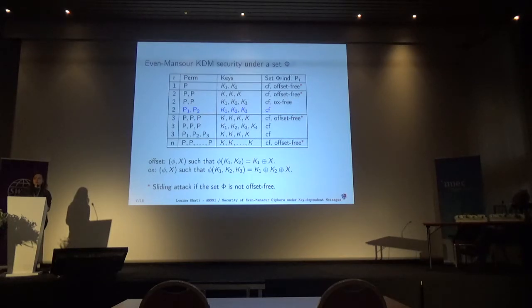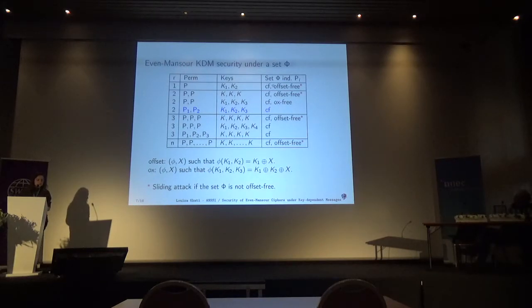We didn't take into account functions that depend on the permutation, phi_i, because otherwise the adversary can easily perform some attacks. So what we can see is that even for the one-round Even-Mansour, we can have some KDM security if we exclude the functions that look like this, the functions that are K1 XOR some constants.